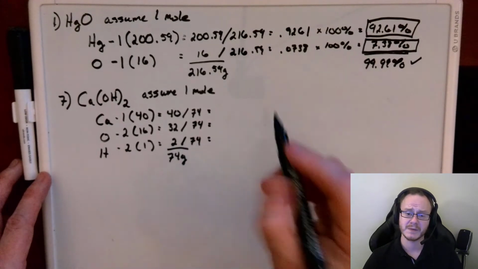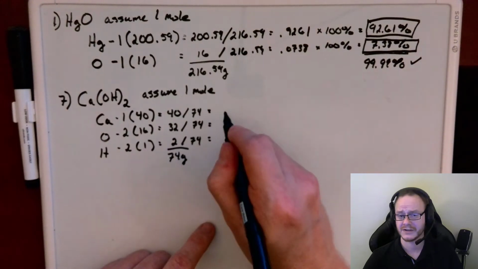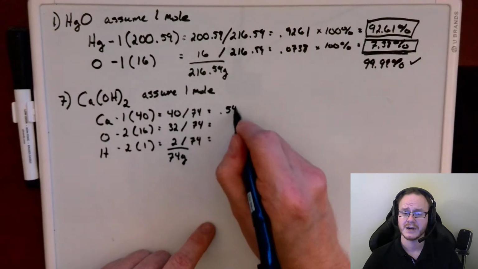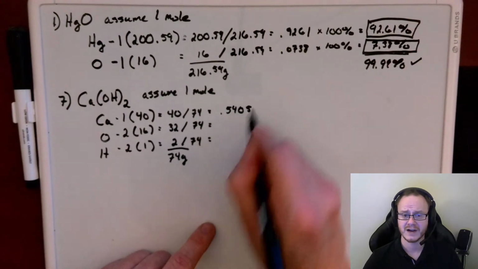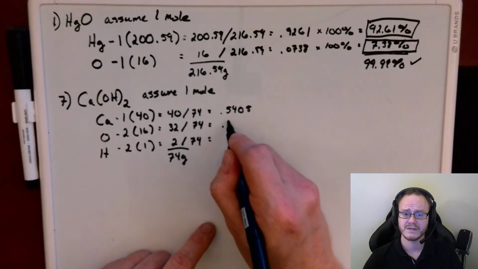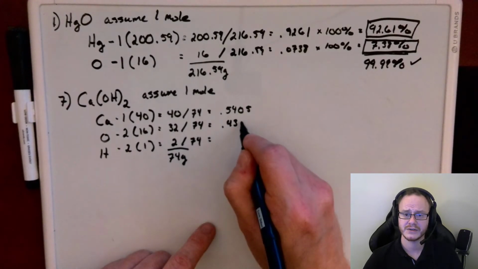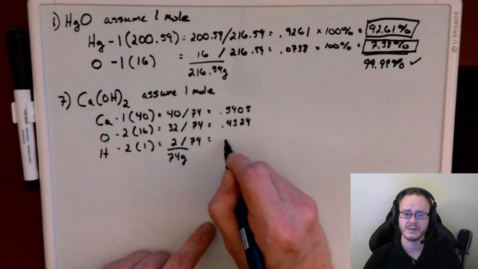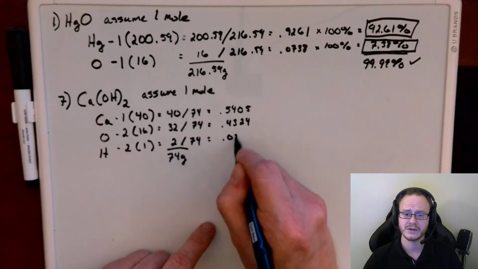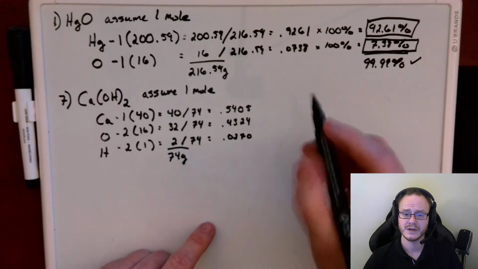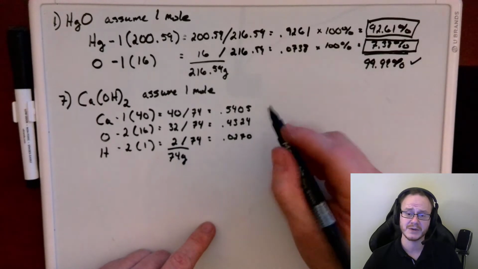This will get me a very small decimal number. From there, it's just one quick step. I have 0.5405, 0.4324, and also 0.0270. Multiply each of these by 100%.